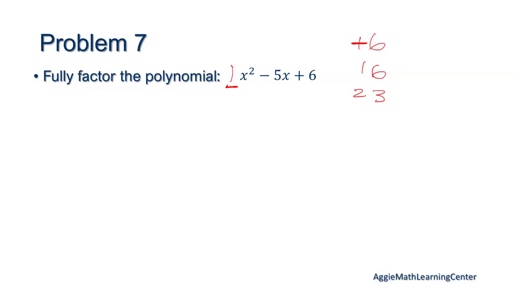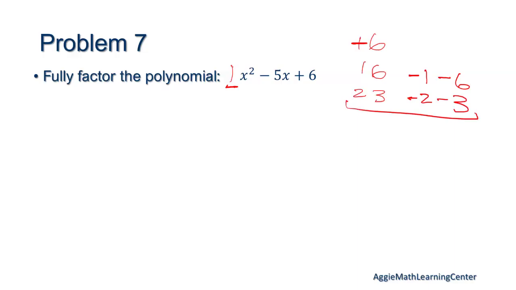I can give you the first one. -1 times -6 would still give us a positive 6, so those are still factors of positive 6. What would be my other 2 terms for my factors? We need a -2 and a -3. Perfect. -2, -3. Okay, so here are all of my factors.